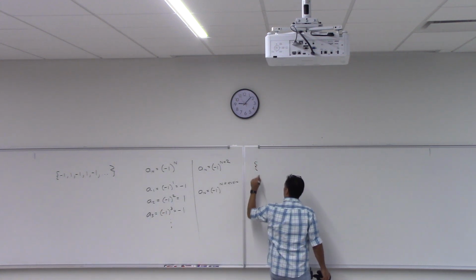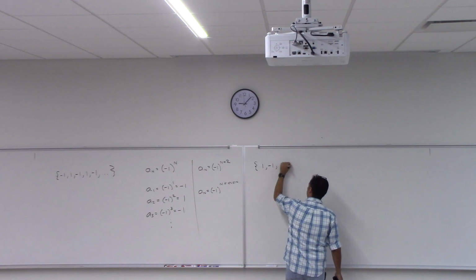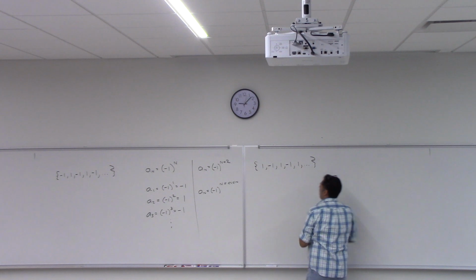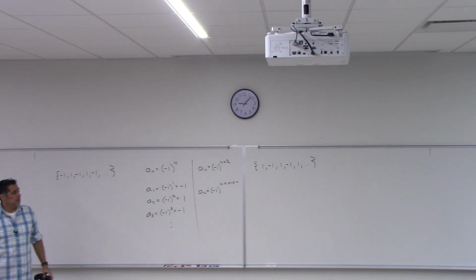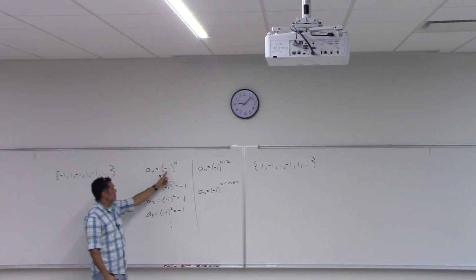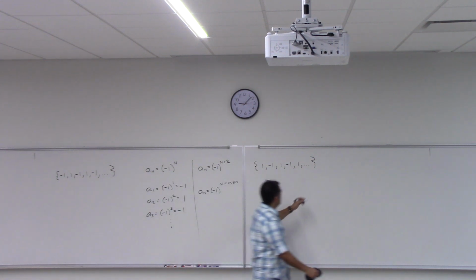How about if I wanted that sequence, but I wanted to start positive, not negative? So now I'm starting with +1, not -1. We can still use the -1 to a power, but it's going to be a little different. What should it be?